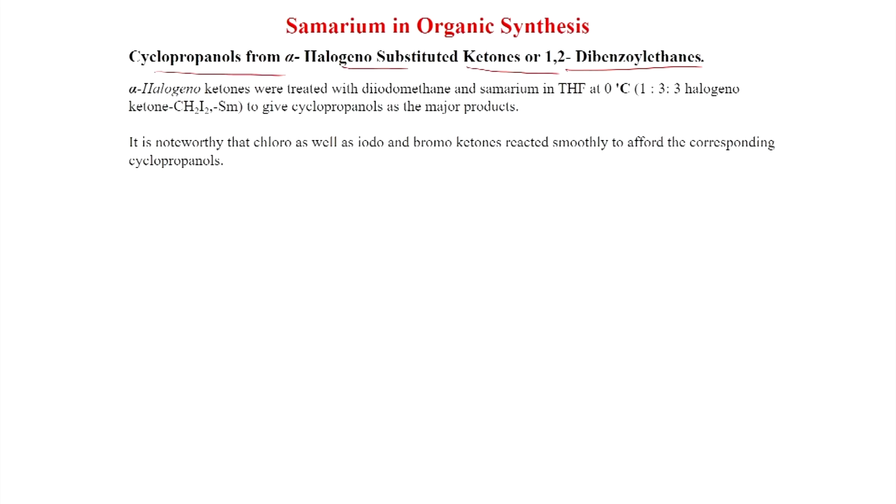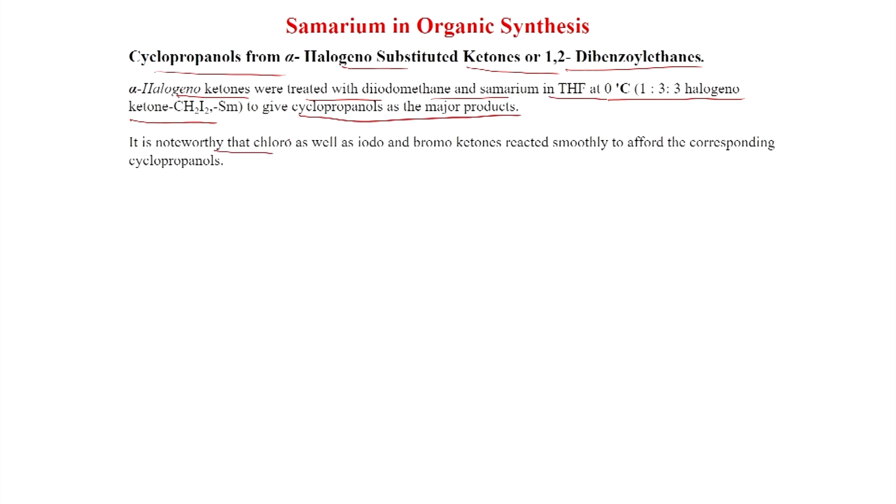Now, we will see cyclopropanols from alpha halogen substituted ketones or 1,2-benzoyl ethane. So, if you have an alpha bromo or alpha halo substitution of the ketone, then you get a defined product. Alpha halogen ketones are treated with diiodomethane and samarium in THF at 0 degree centigrade, 1:3:3 halogen ketone, CH2I2 to samarium, to give cyclopropanols as the major products.